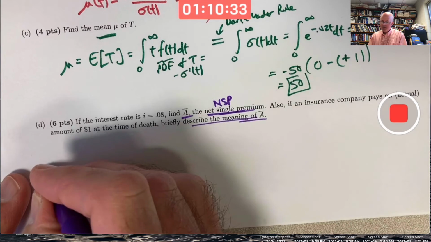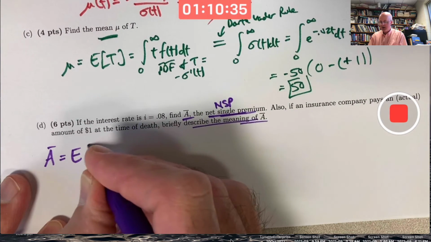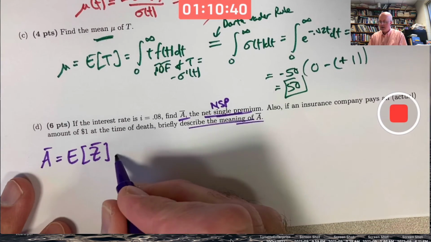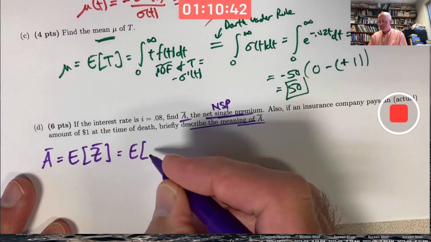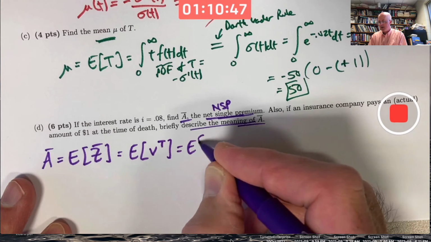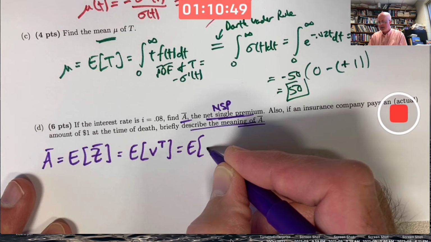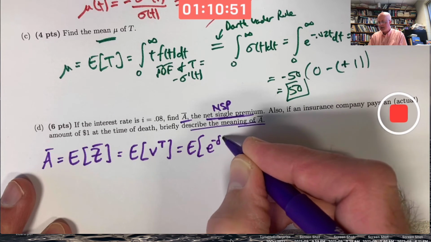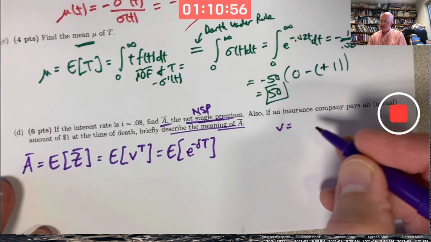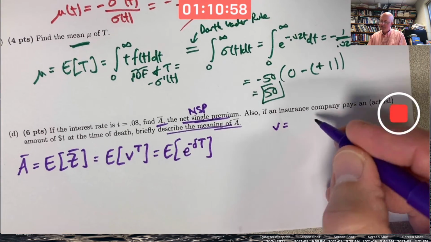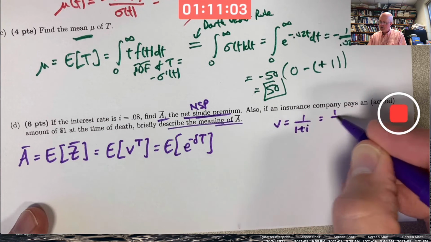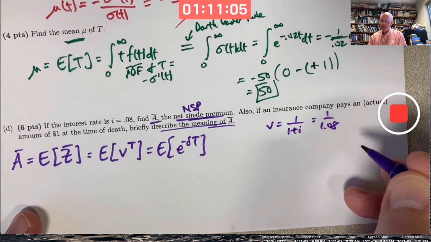A bar, by definition, is the expected value of something called Z bar, and this Z has nothing to do with standard normal. What is Z bar? It is sometimes written v to the capital T power. Also sometimes written e to the negative delta times capital T power, where v is called the annual, say, discount factor. It's 1 over 1 plus the interest rate, 1 over 1.08 in this case.